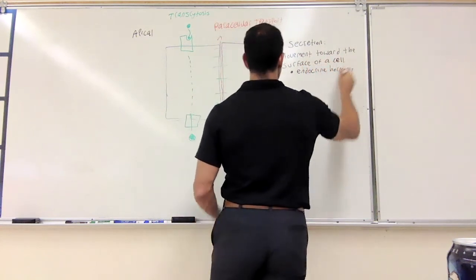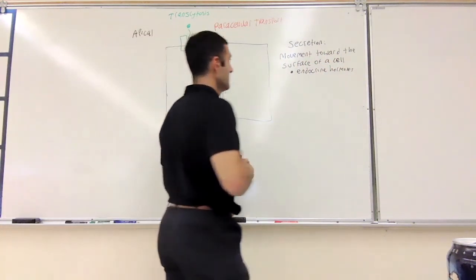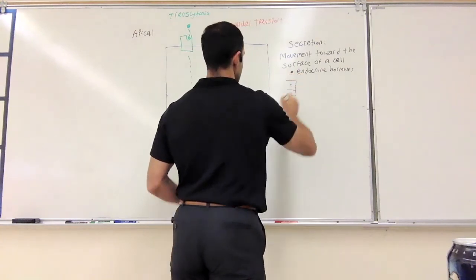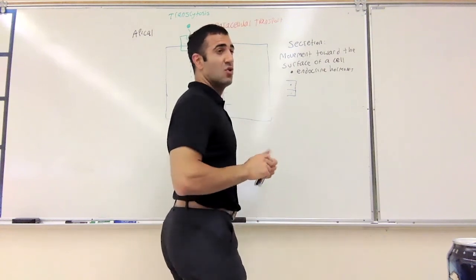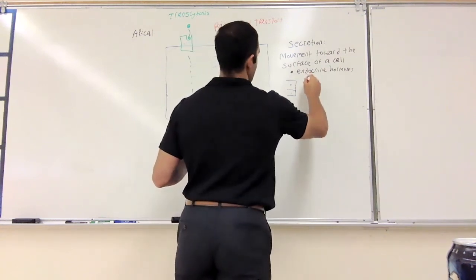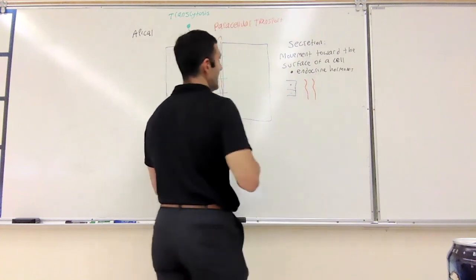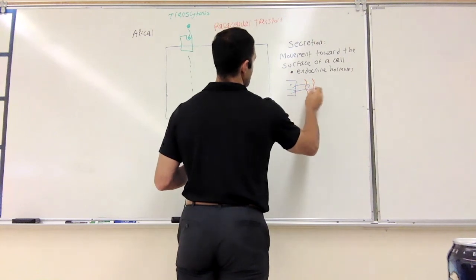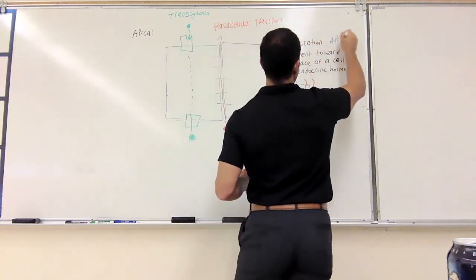What these do is that they go from the cells into the blood. These cells here are endocrine cells. They're going to secrete through the apical membrane, which I should add that it is from the apical side of the cell. Going to secrete hormones through the apical side into the blood. So secretion is through the apical aspect.